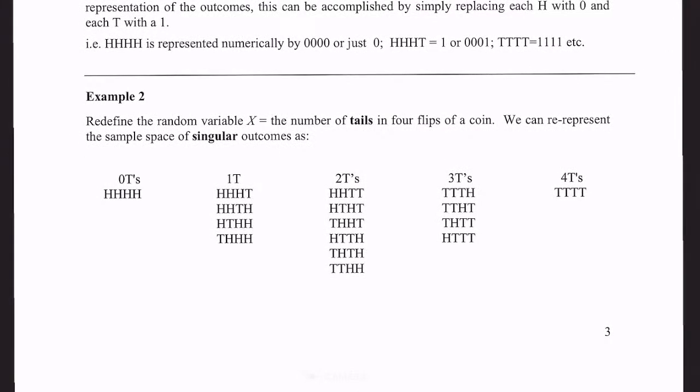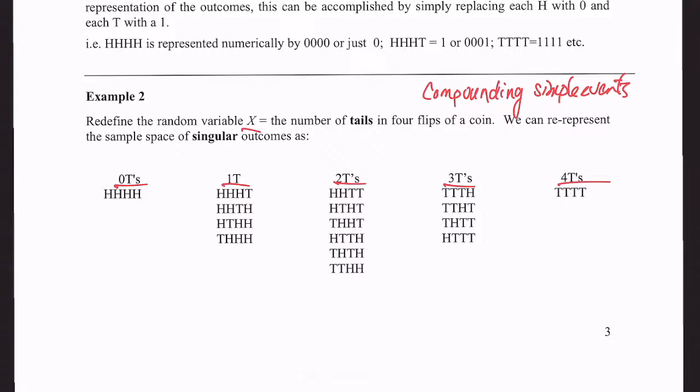Now what I want to do is compound those simple events of all possible outcomes and redefine X as something else. X is now the number of tails in 4 flips of a coin. And here are the possible outcomes: 0 tails, 1 tail, 2 tails, 3 tails, and 4 tails.